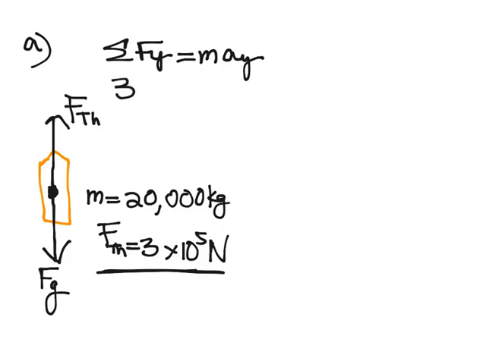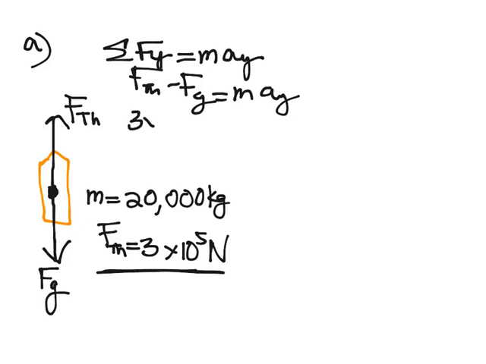Let's write in the variables first. We have F thrust minus Fg is equal to m a y. We have numbers for all of these things, actually. So we have 3 times 10 to the 5 minus mg equals m a y.